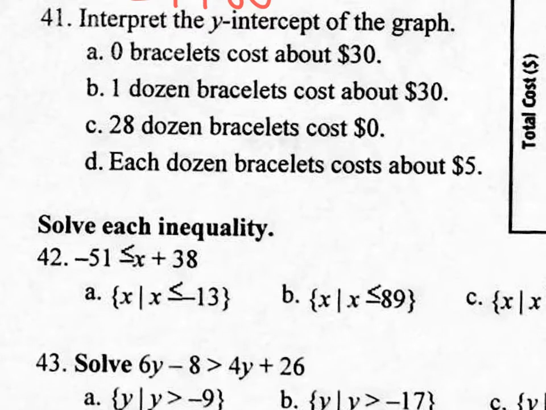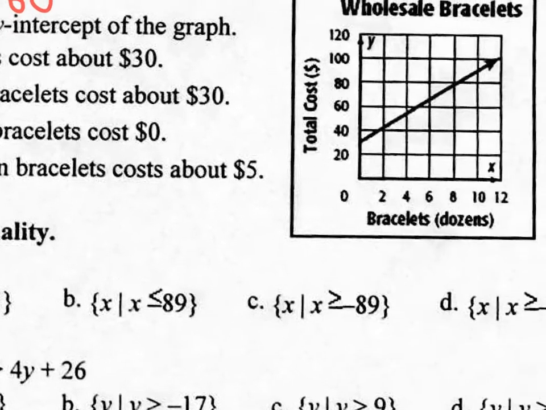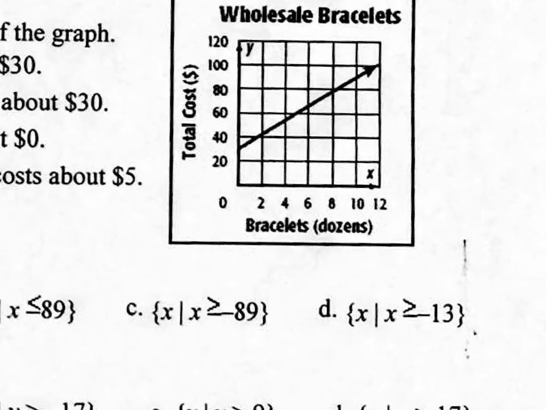Jumping to number 41, interpret the y-intercept of the graph. So we have a bunch of multiple choice answers here. Let's look at the graph and understand what the y-intercept means. First of all, the y-axis is this one. The y-intercept happens to be at this point right here, so let me put a dot right there. It tells us that it's at the coordinate 0 on the x and about 30 on the y, correct?